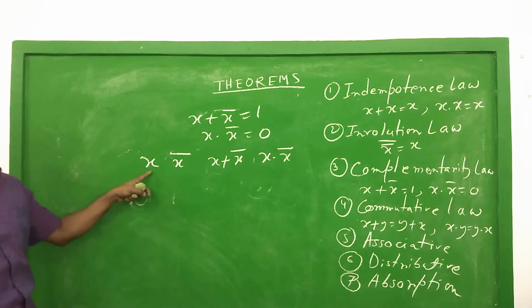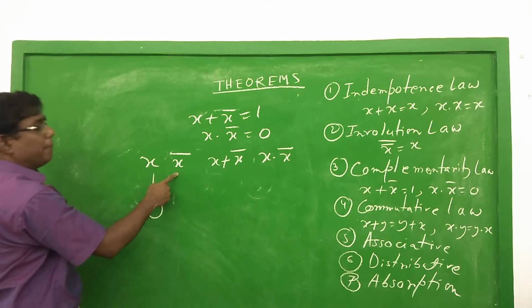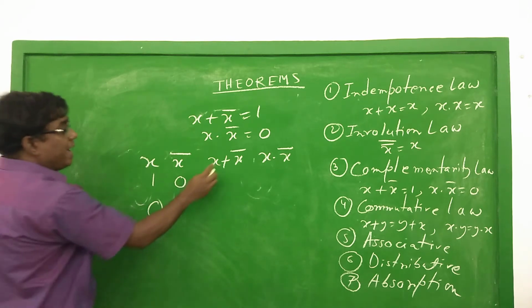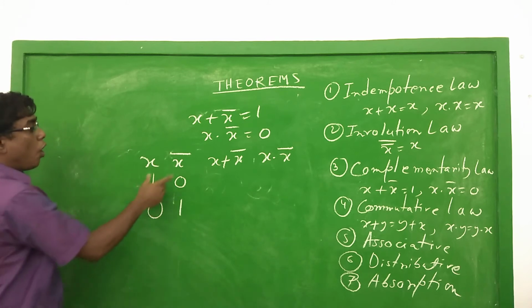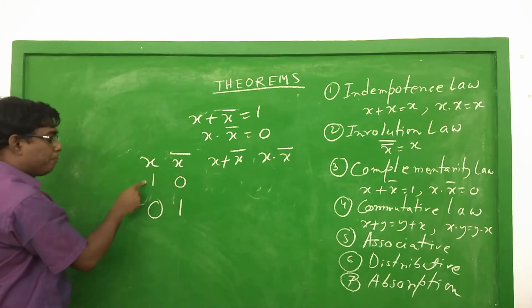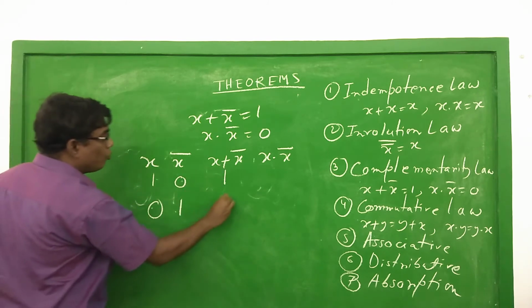You have a single variable x, it can be 1, it can be 0. Now x complement means opposite of x: 1, 0, 0, 1. Now x or x complement, the OR of these two: if one input is 1, then the output will be 1. So 1, 1, 1.